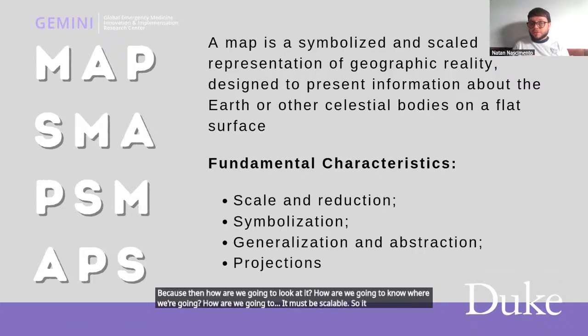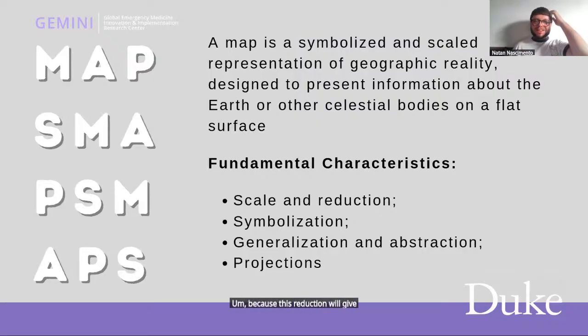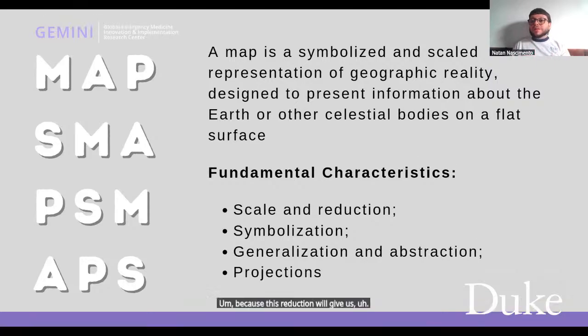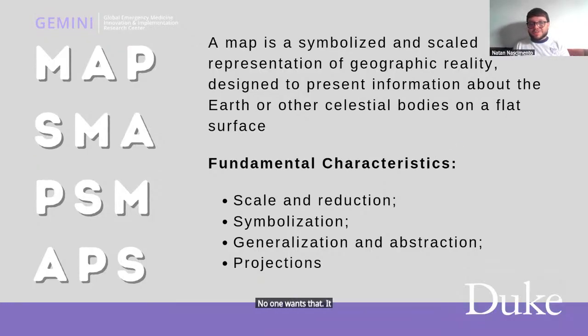So it must be on scale and must allow reduction, because this reduction will allow us to look at it and actually create it and use it in a meaningful way. Other than that, it's not useful, because why have a map that is the size of the United States? No one wants that. It's not useful at all.